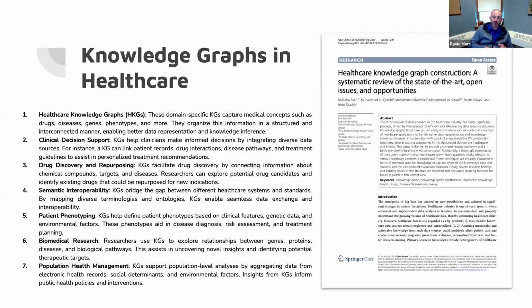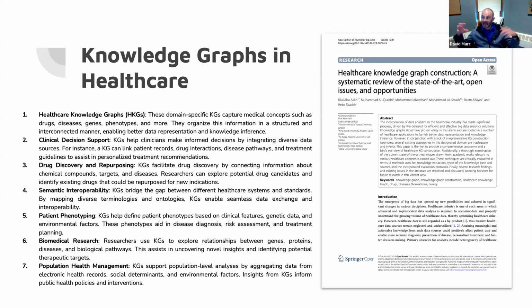In population health management, population level data is being aggregated from electronic health records, social determinants, and environmental factors, and thinking about the flow of that information within a population and representing those populations at different points, whether they're at a hospital or you're looking at vital health statistic data within a county, and how that connects to data that might be connected to the US Census.